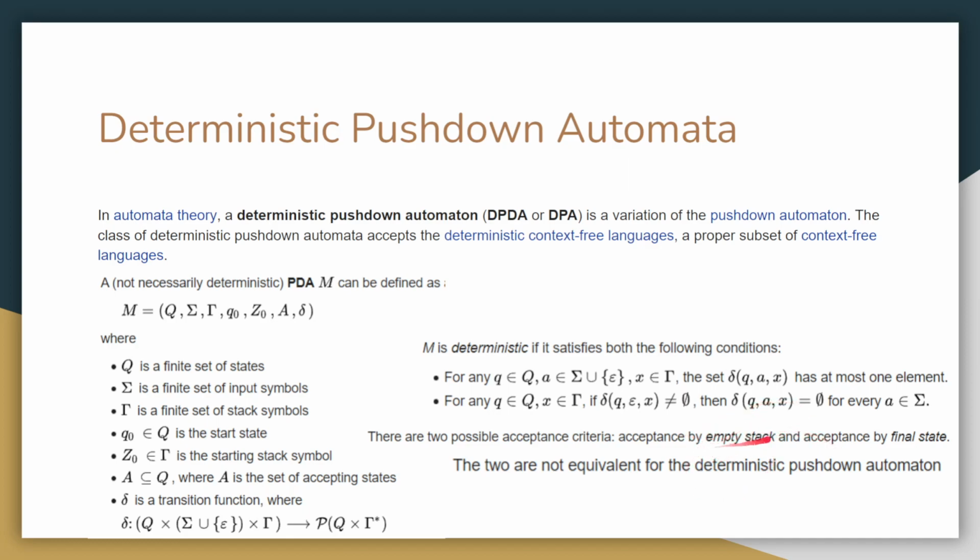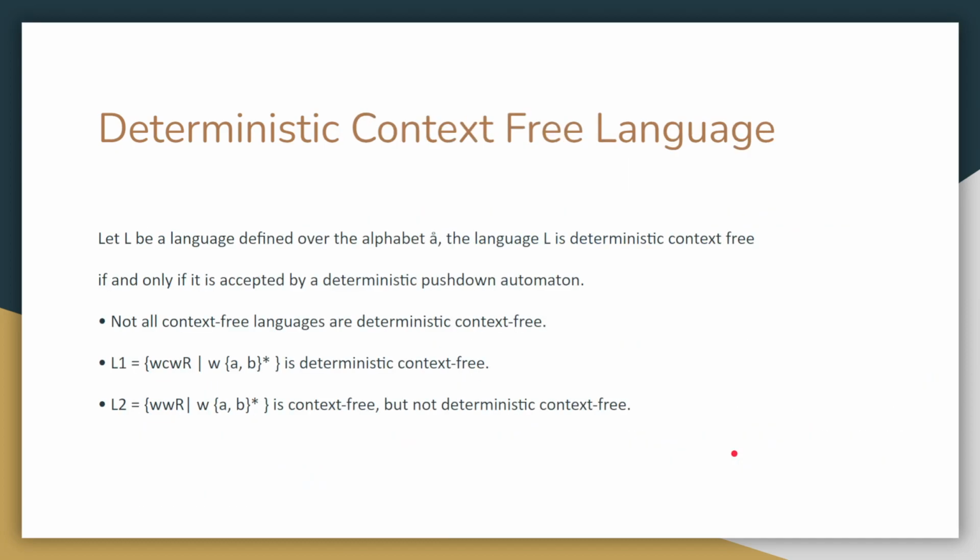It would be accepted by empty stack because for w we'll be pushing all the elements into the stack, and since the rest is reversed, it's easy to pop the elements, because they are arranged in a way that it can be done.